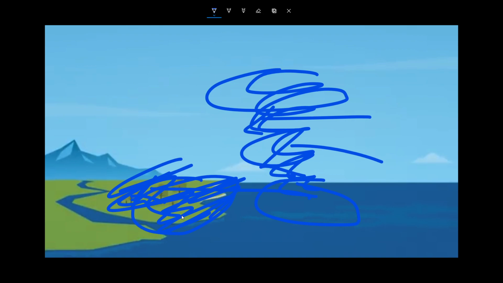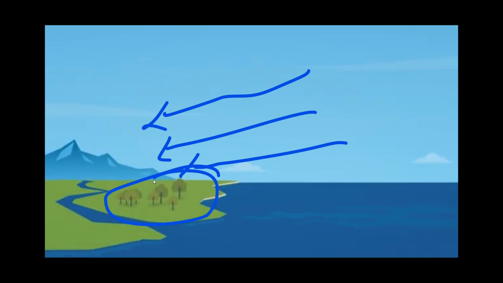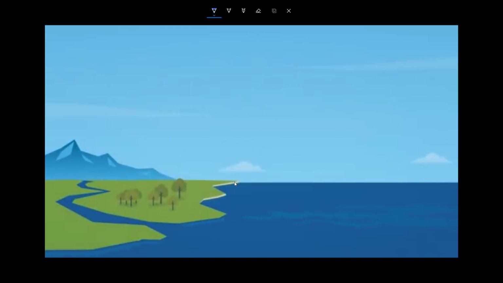For instance, Florida, Miami, or the southern coast or eastern coast of the United States always get hurricanes and all. That is a strong wind from the sea, and it brings water and rain in this direction, which creates flooding on the coastal region, maybe this region or some part of it.